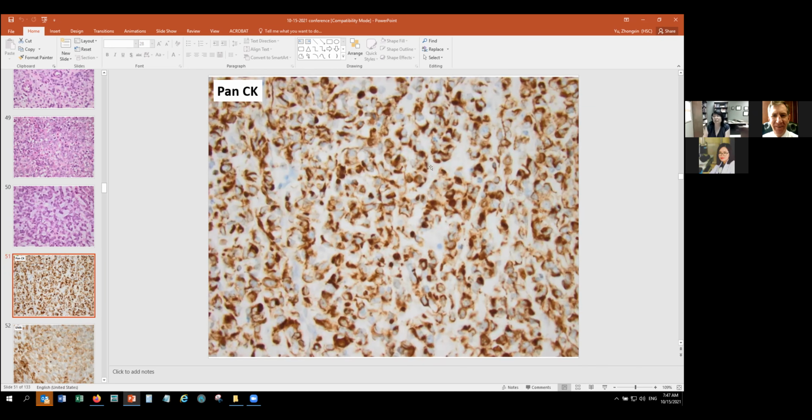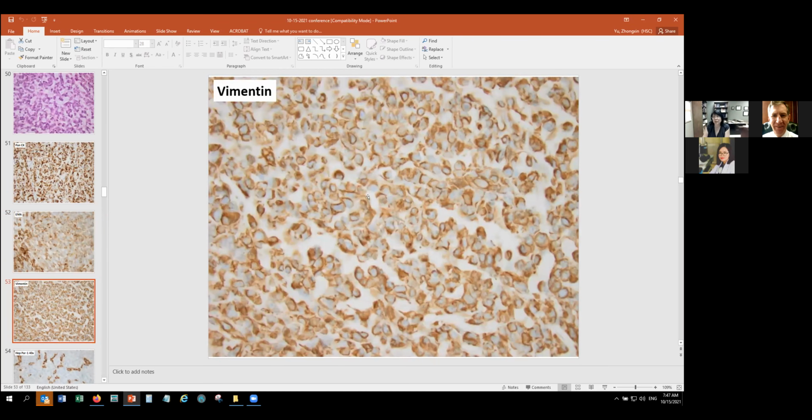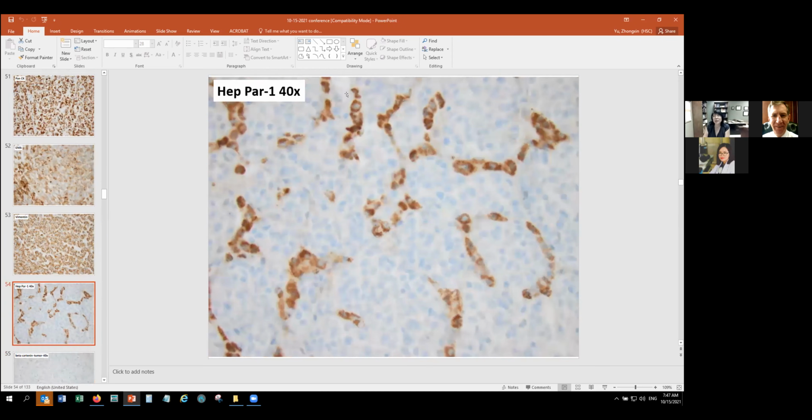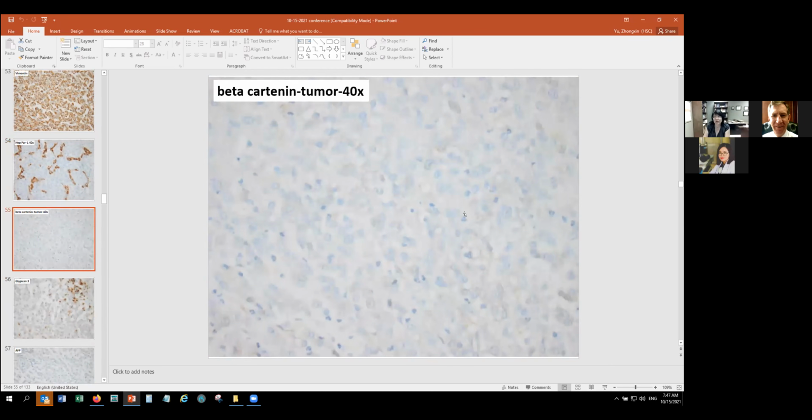This tumor is positive for pancytokeratin, an epithelial marker. Positive for EMA, an epithelial marker. Vimentin is also positive. HepPar-1: the entrapped hepatocytes are positive, those tumor cells are negative. There's no hepatocyte differentiation. Beta-catenin is also negative.